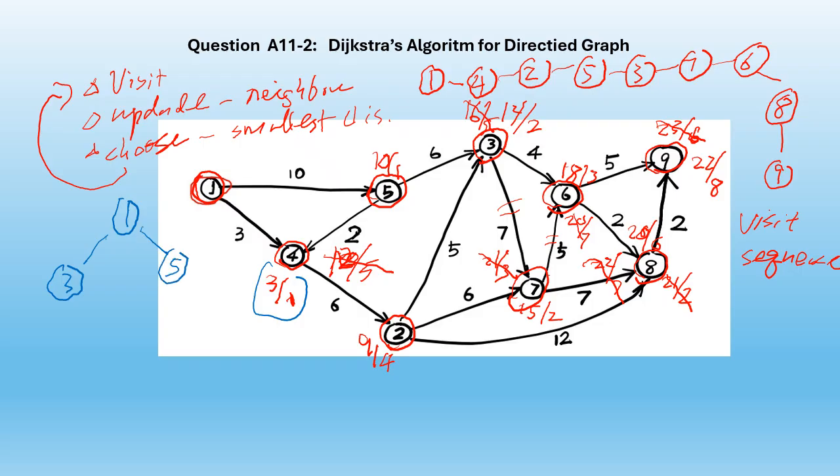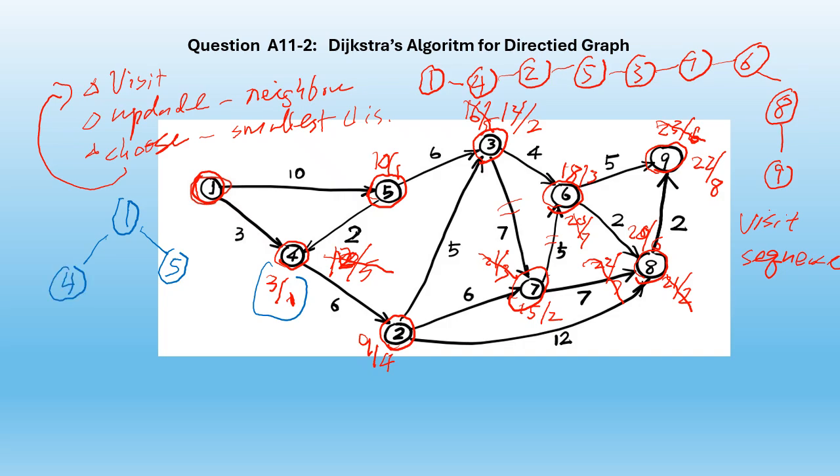Okay, and then next one, number 2 is from 4, oh no, not 3, 4, that's 4, let me erase this one, so number 4.